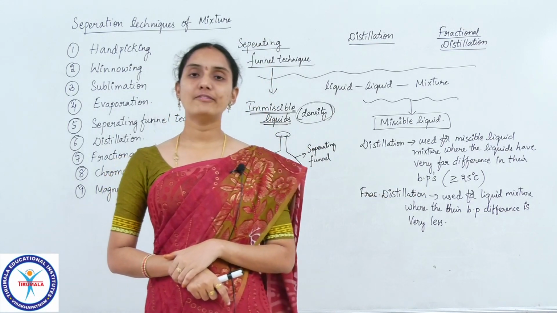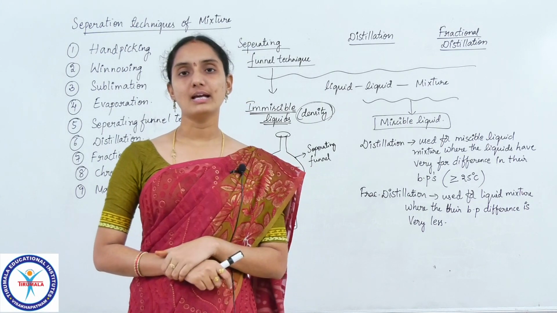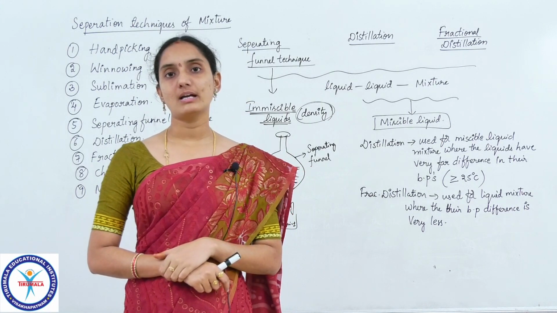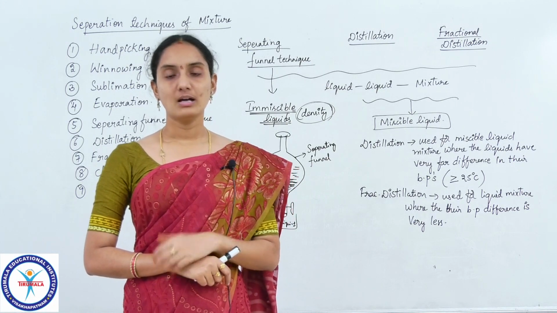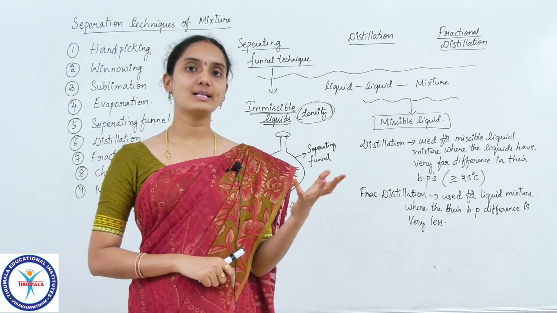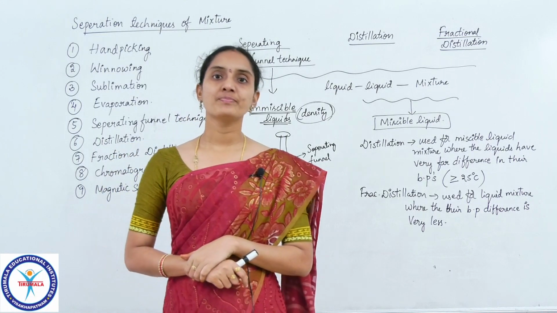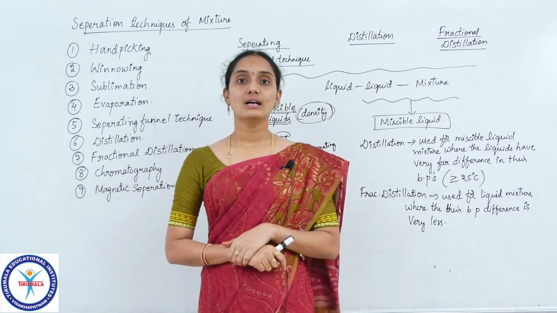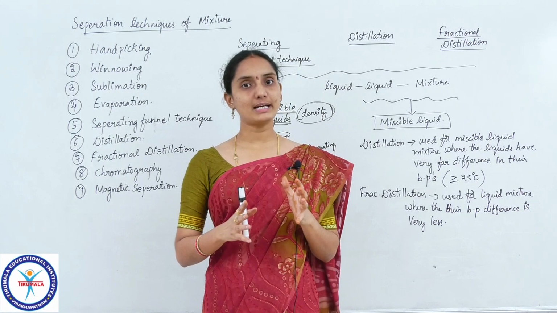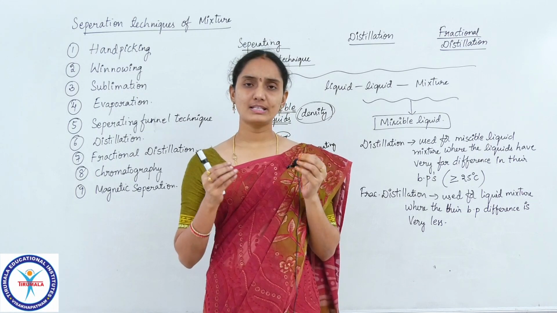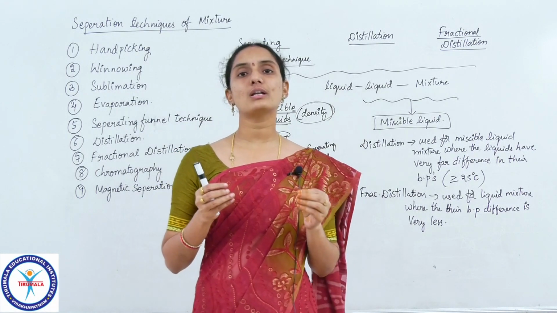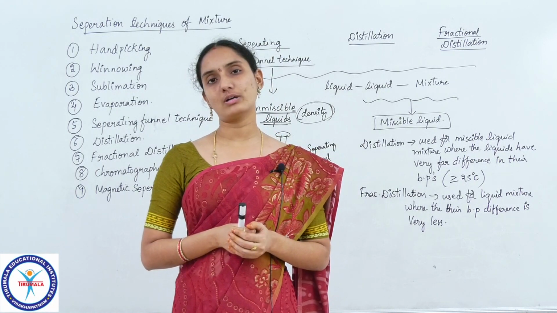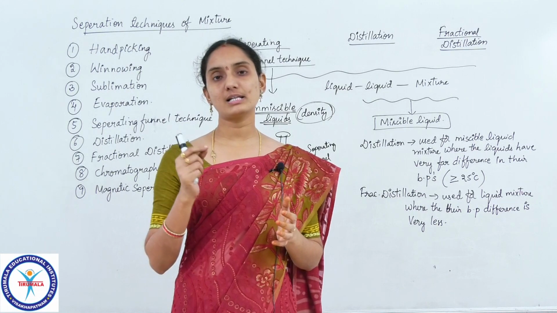children. And finally, we have the last technique, which is the most important technique, used to separate any kind of mixture of components, that is chromatography, children. Chromatography is a bit complicated technique, but I just want to explain how the components of the mixture are separated using chromatography, not in detail, just in a single point.